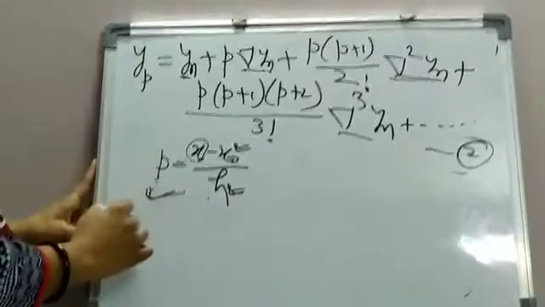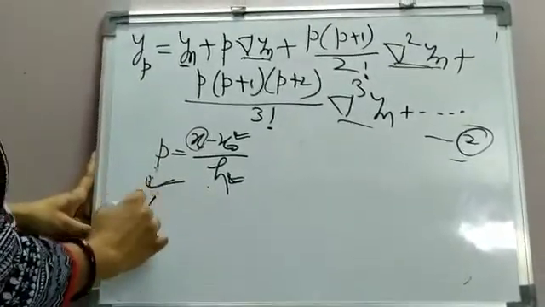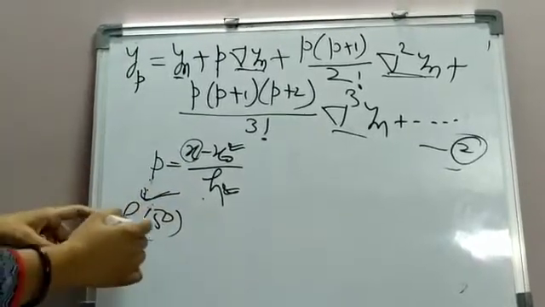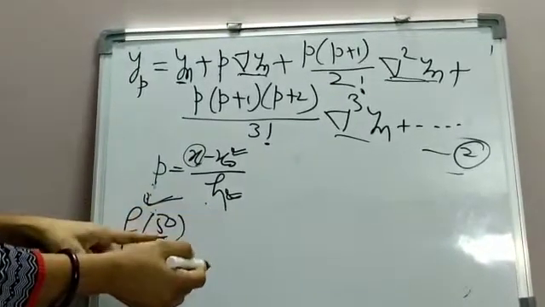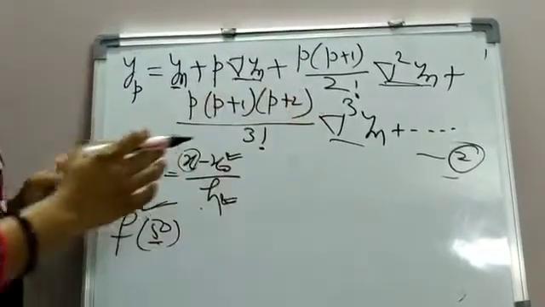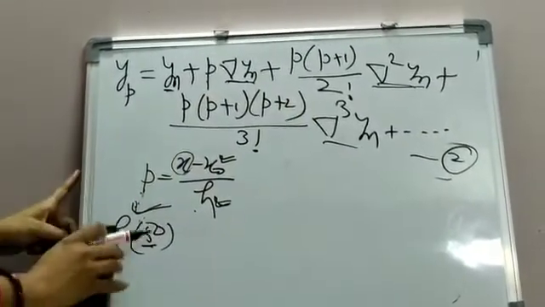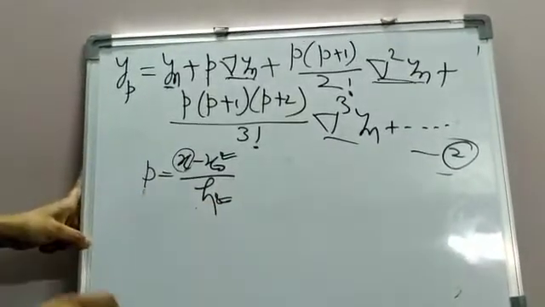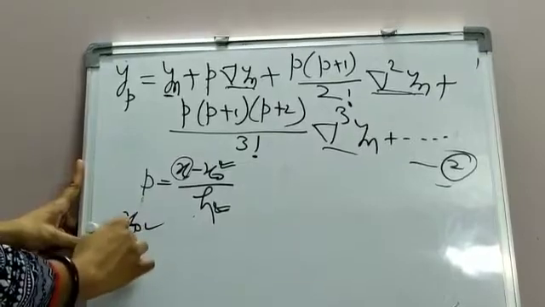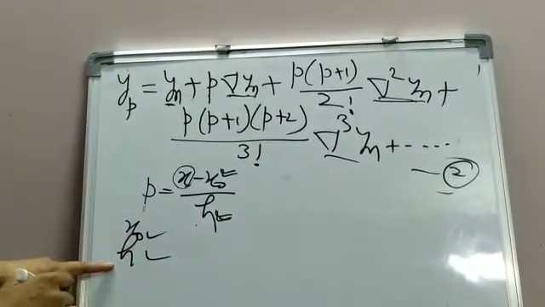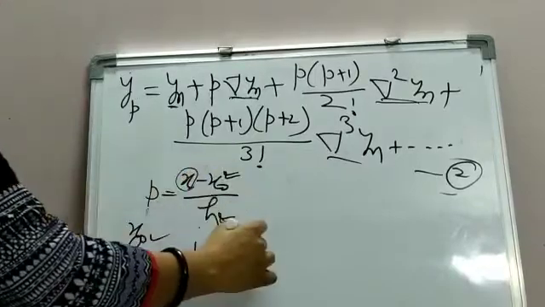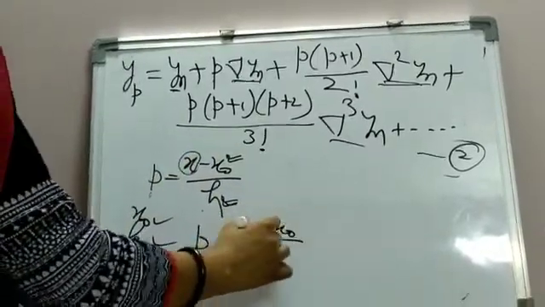Sometimes it is asked directly, like you find the value for f of 50, suppose, and this 50 value is not given in the data set. But sometimes it is asked to find the interpolating polynomial. In that case, how do we proceed? x naught will be given to you from the data, h you need to identify, that is also known, but in that case p will be x minus x naught by h.